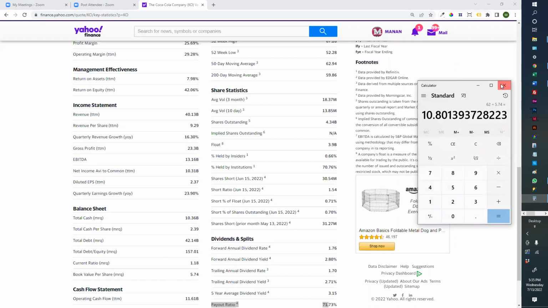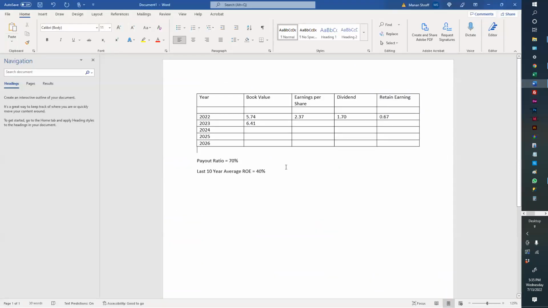You are paying 11 times the book value. So now here is again $6.41.